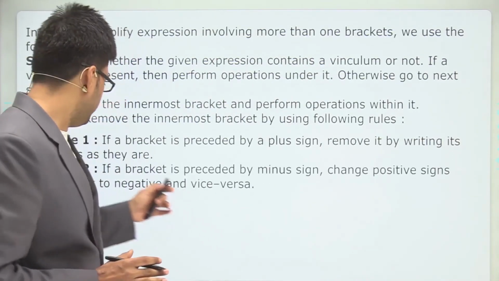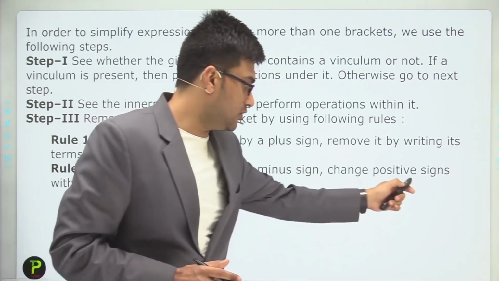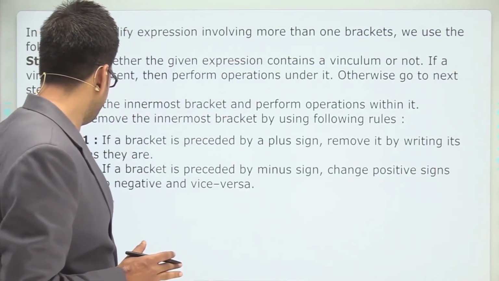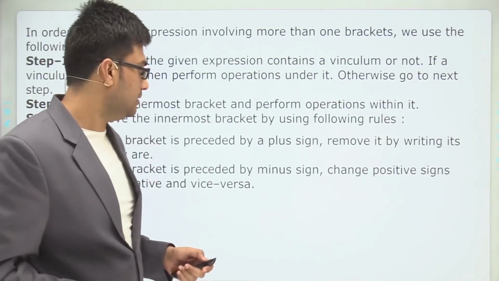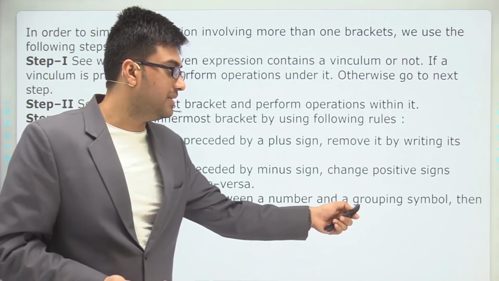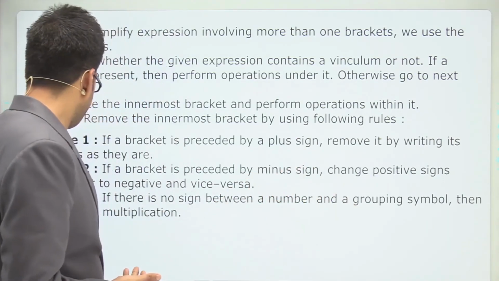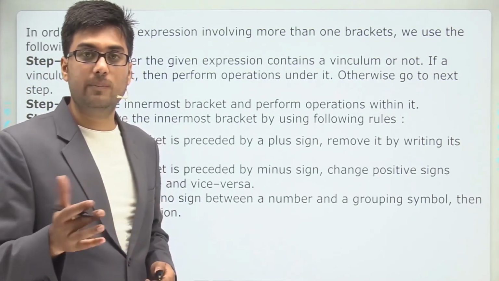Now, if a bracket is preceded by a minus sign, then change the positive signs within into negative signs and vice versa. Clear? And if there is no sign between a number and a grouping symbol, then it means multiplication. If we do not have any sign, plus or minus, then it means what?